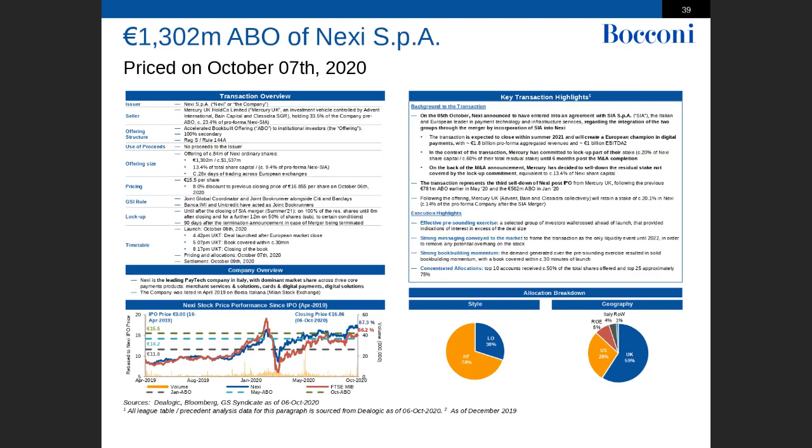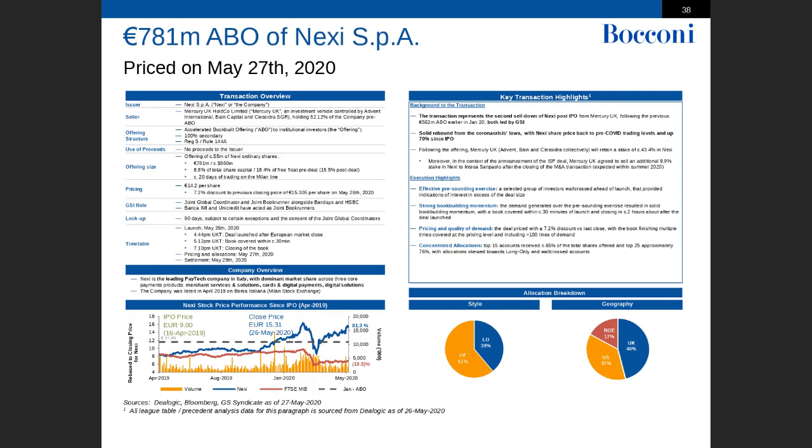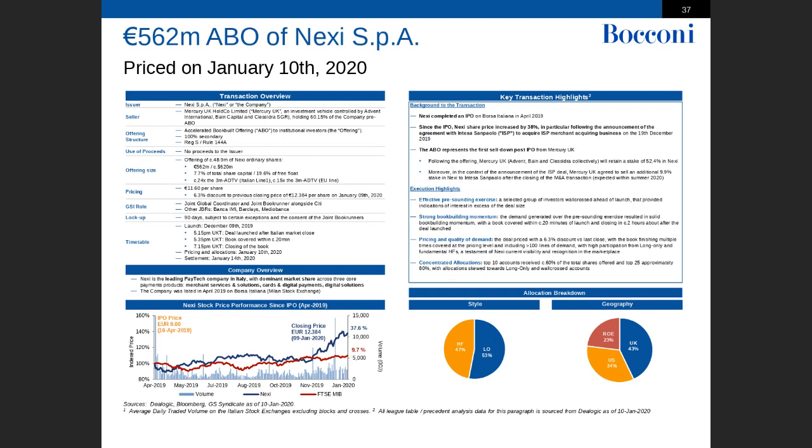And finally, another 1.3 billion accelerated book building on Nexi in October. If you notice, while the global coordinators for the IPO in January were Goldman, Credit Suisse, and Merrill, let me see, the global coordinators were Citi, Goldman Sachs, and Barclays.